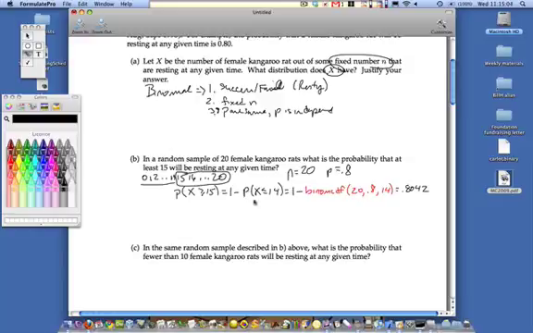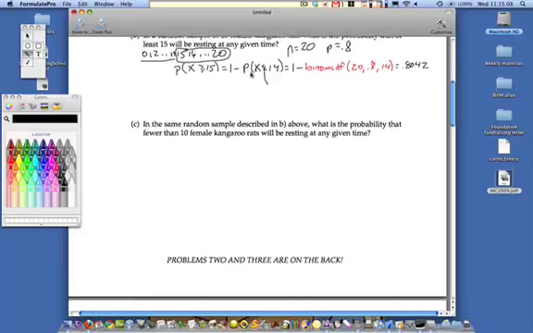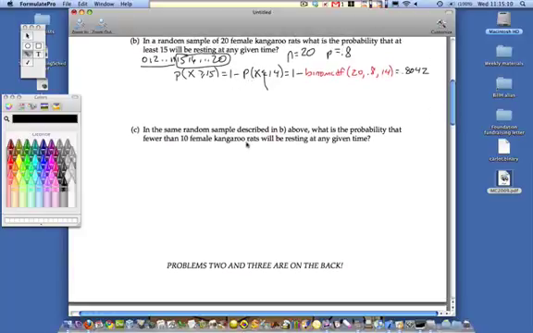Okay, and then if we scroll it up a bit, like that, in the same random sample described above, what's the probability that fewer than 10 will be resting? Okay, well now we're looking at 2, 3, 9, 10, 11, up to 20. Fewer than 10.